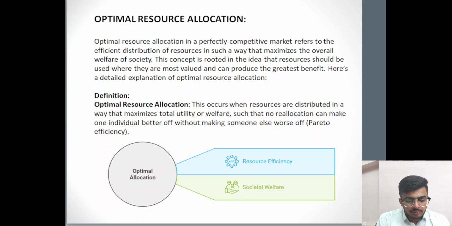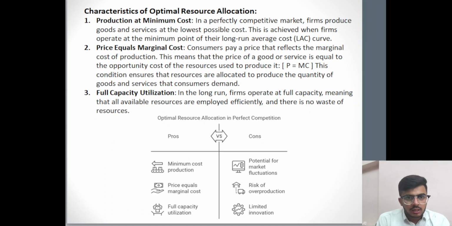Production occurs at minimum cost where P equals MC, giving optimal allocation of resources, efficiency and social welfare. So the market adjusts dynamically to maintain allocations, and there are some characteristics of optimal resource allocation: production at minimum cost, price equals marginal cost, full capacity utilization.